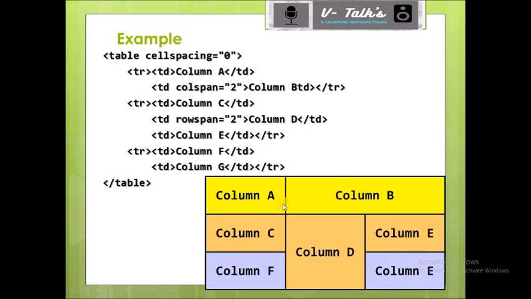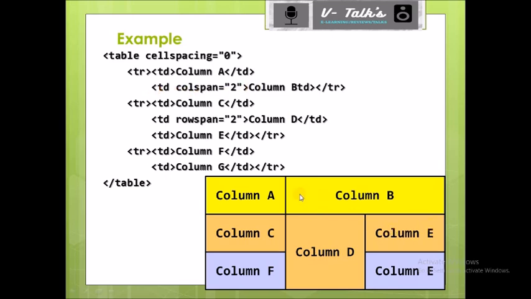Here you can see that in this row two cells are merged: first this cell up to here, and this cell up to here. For that we are using colspan. If we give colspan equal to 2 in this TD, where TR means the first row starting, in the first TD we gave column A. In the second TD we gave colspan equal to 2.